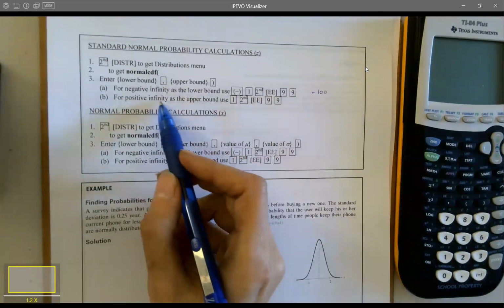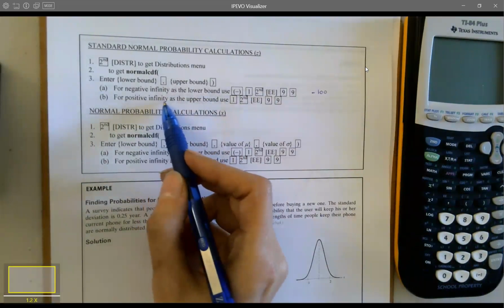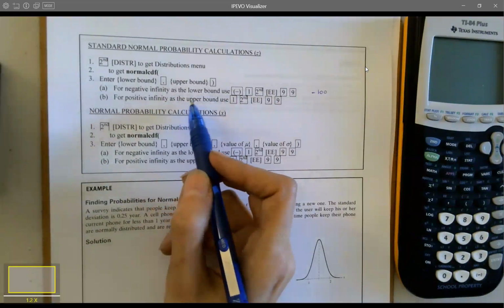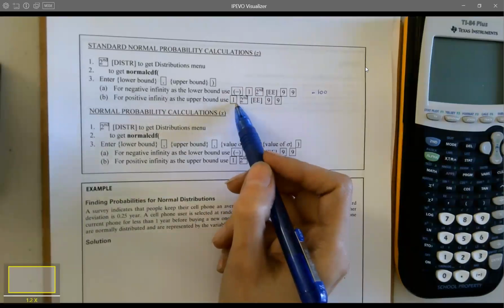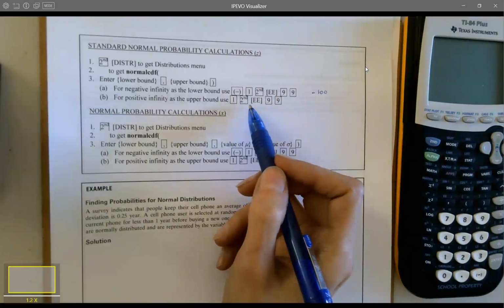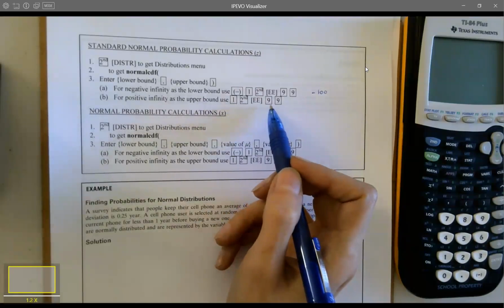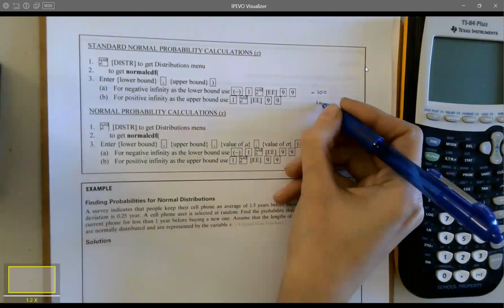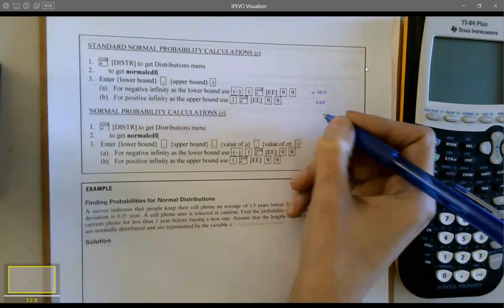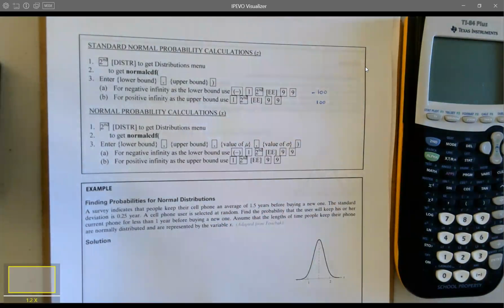For positive infinity, a very large positive number as the upper bound on the right-hand side, we can use 1, second, the exponent, 99. Or equivalent to that, you can use 100, 1,000, or any large number.